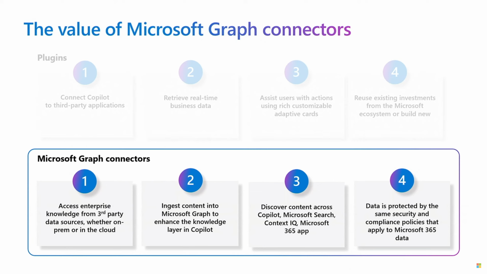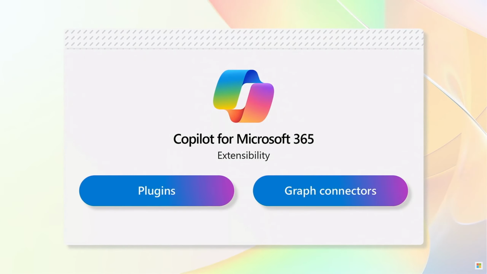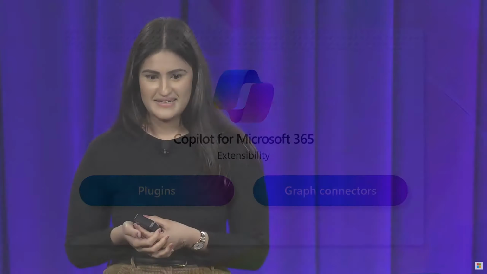And then finally, recognizing that all of this data that you bring into Microsoft Graph is protected by the same security and compliance policies that apply to the rest of your M365 data. So that's it. I'm excited to see what you start building, as well as what you enhance on what you've already built with plugins and Graph Connectors in Copilot.